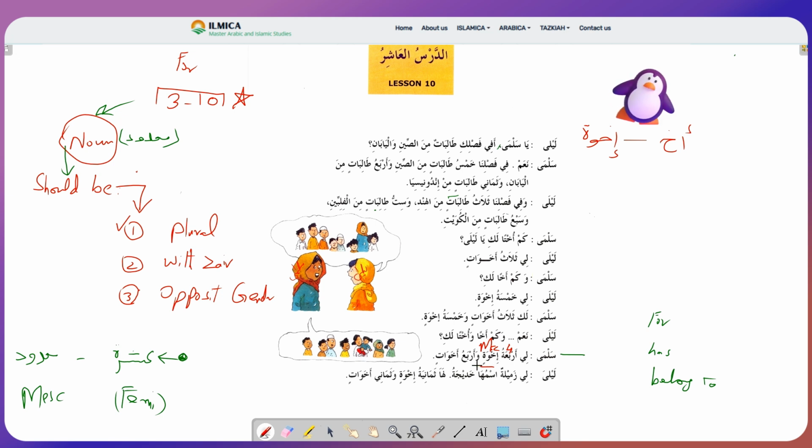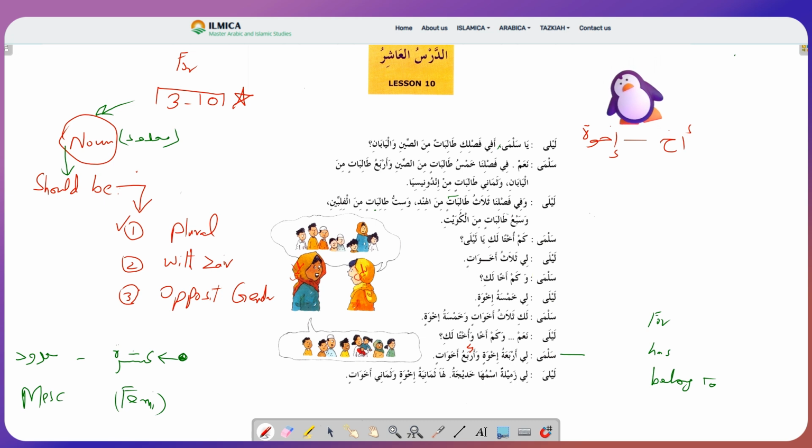Wa arba'u akhawatin. Arba'u again, four. Akhawatin means sisters, because it is the open ta, and the open ta is for femininity.